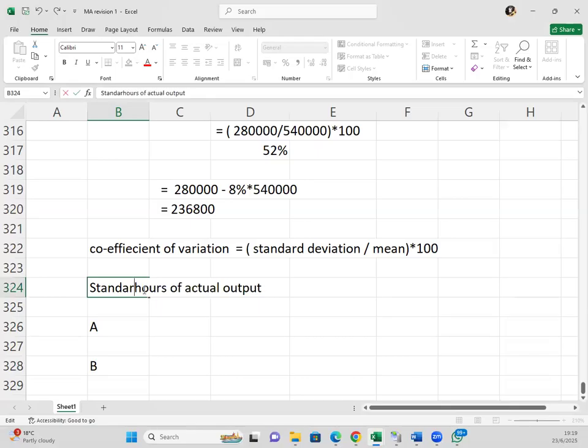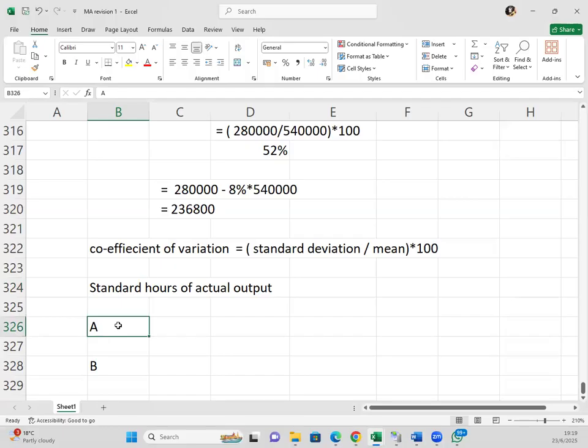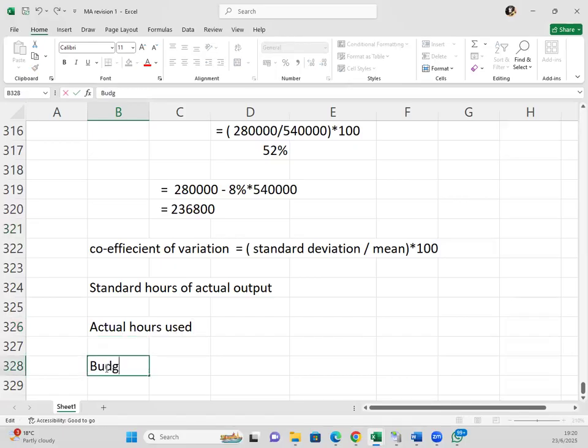How many hours did you plan for the units produced? Then we have the actual hours used for the units we produced. Then we have the hours we had budgeted, the budgeted hours.